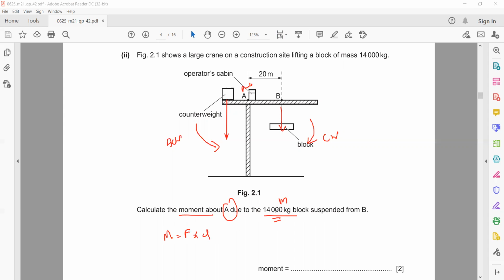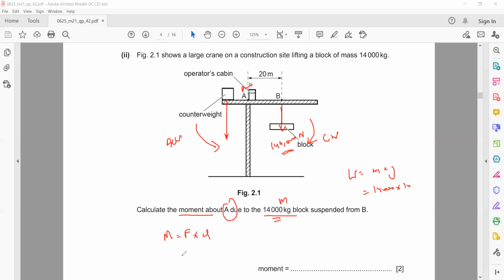So mass is 14,000. So what will be the weight of this block, which is mass multiplied by gravity? So 14,000 multiplied by 10, it will be 140,000 Newton, because weight is a force.